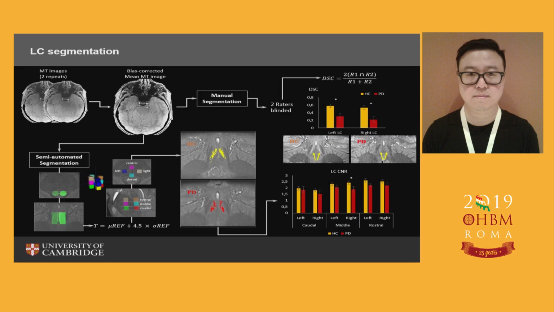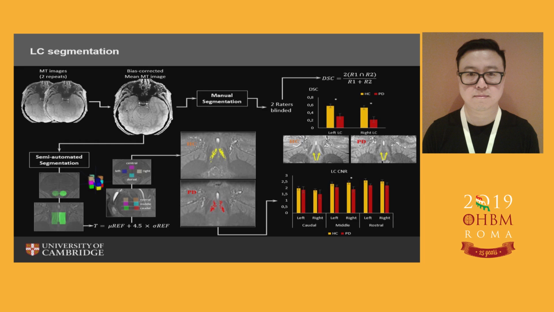There are 2 segmentation methods available in the literature for LC segmentation. One is manual segmentation, and the other one is a threshold-based semi-automated method. We first manually segmented the LC by 2 blinded raters, and we tested the inter-rater reliability using the Dice similarity coefficient.